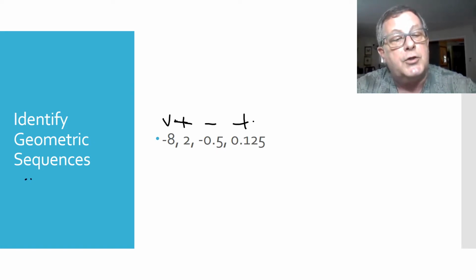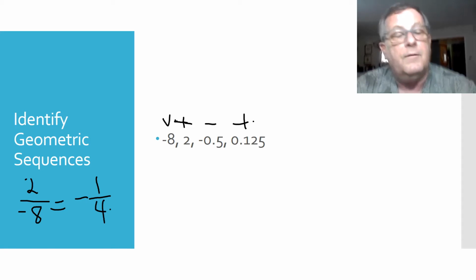Now let's take 2 and divide it by -8. Well, that's going to come to -1/4 if I reduce that down. And if I were to take 2 and multiply it by -1/4, I'm going to discover that that's going to be -0.5.